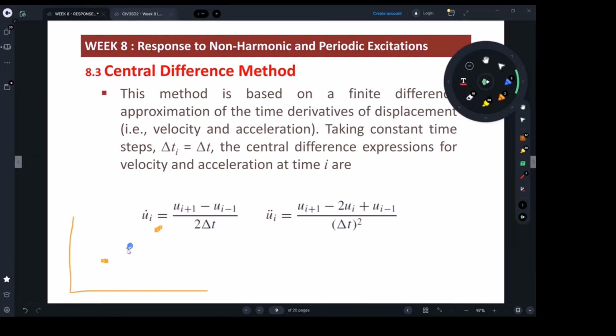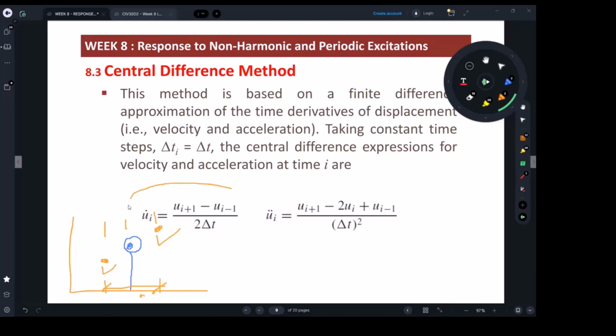So what the central difference method says is, if you want to calculate the velocity at the blue point, you take the displacement of the next point minus the displacement at the previous point and divide it over the time between. The time between is 2 times delta t, because delta t is the time step between the points. That's basically the definition of the central difference method from math.